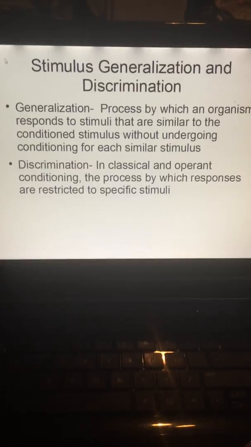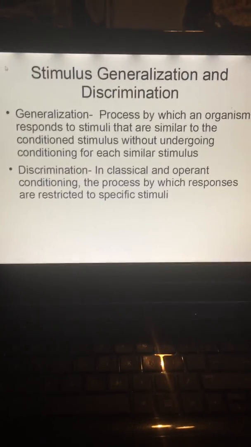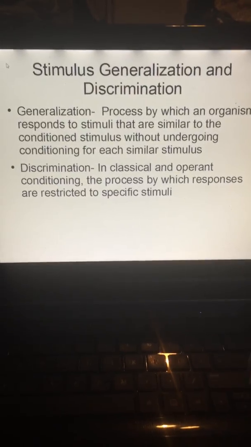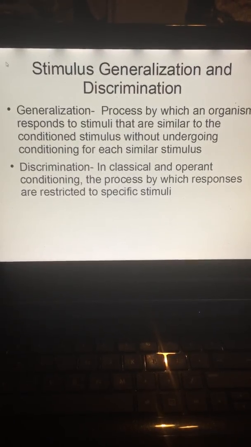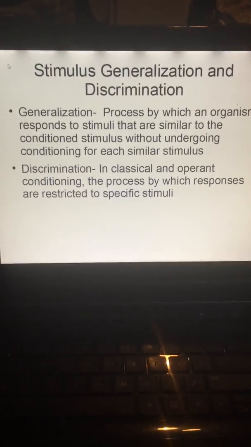Let's talk about the difference between generalization and discrimination. If you undergo stimulus generalization, that means you learn to respond to something that's similar to the thing that you will learn to be afraid of or like or whatever.